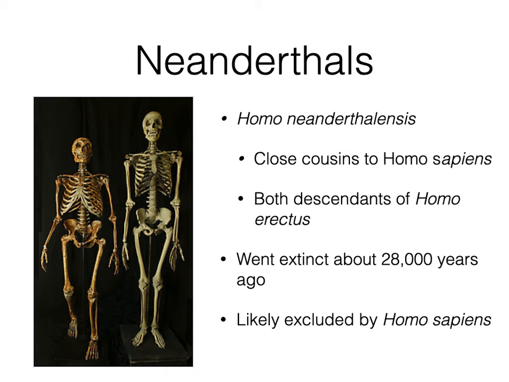But Western science used to think that Homo sapiens killed off all the Neanderthals and destroyed them and just hunted them. But the evidence of that is not as strong as the evidence that Neanderthals and Homo sapiens formed family groups and interbred. In fact, there are markers of Neanderthal DNA in living populations today.